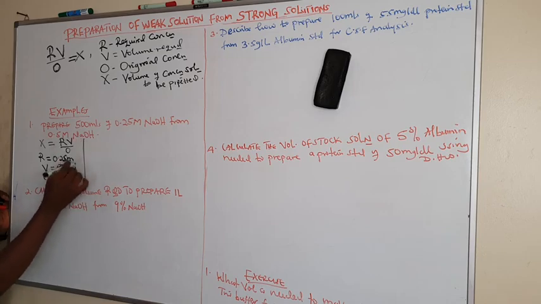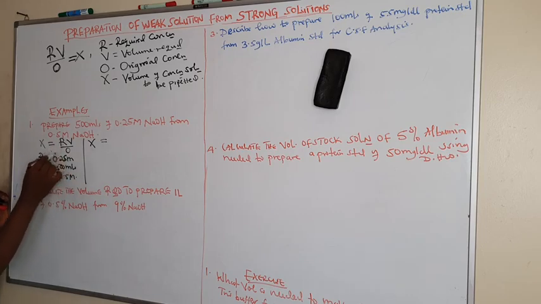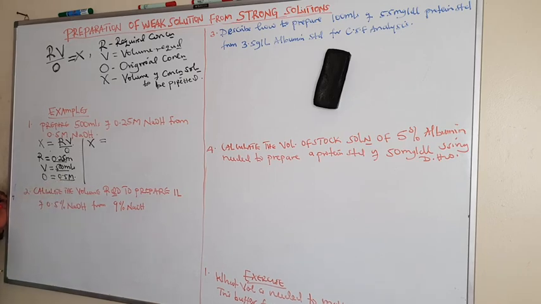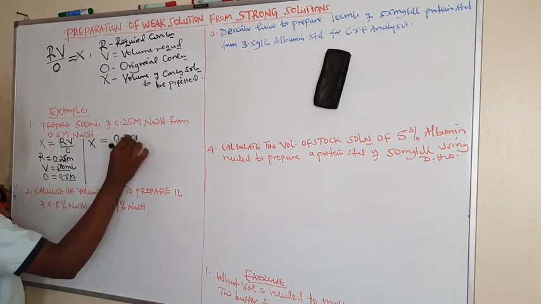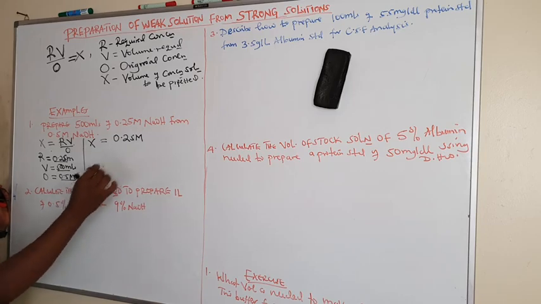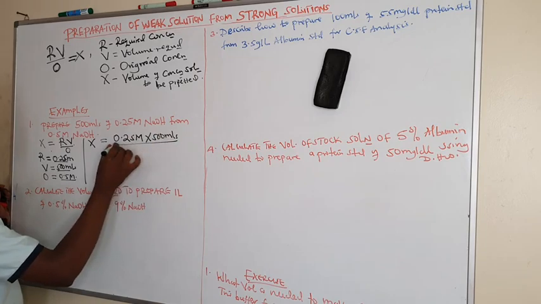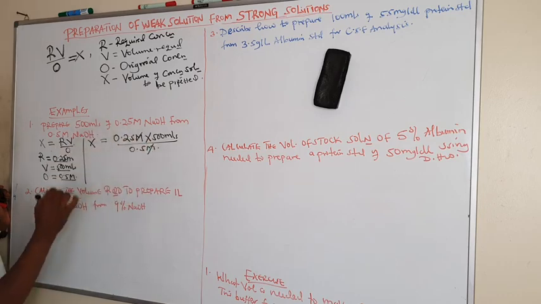From RV over O equals X, we substitute. Where there is R, we put 0.25. Where there is volume, we put 500 ml. And where there is O, we put 0.5 molar. So we get 0.25, always maintaining units, times the volume, which is 500 ml, divided by 0.5 molar. The molar goes with molar.